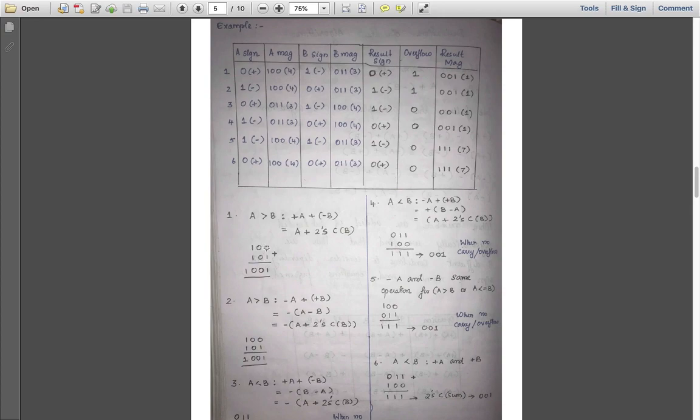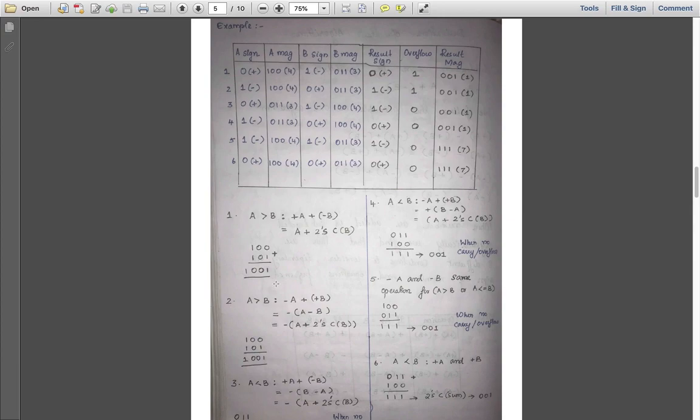You are adding A and 101, you get 001. That is, you have a carry 1. This carry is now represented in the overflow and the result magnitude is 001, which is nothing but the decimal number 1. And the result sign is positive. Definitely, since A is positive, the result sign will also be positive. So what you understood? The first result carried out was correct according to our algorithm.